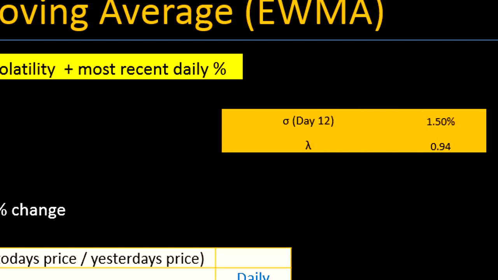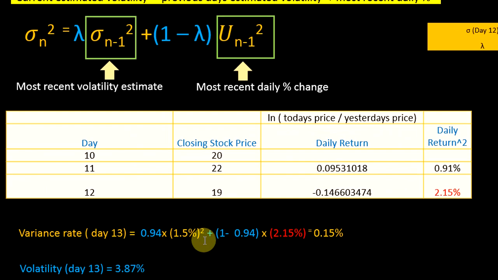So that's what we are using here, and we are squaring that volatility according to this formula, plus 1 minus lambda, in other words 1 minus 0.94, times the square of the most recent daily percentage change. On day 12, the most recent daily percentage change was 2.15%, so we use the square of 2.15% here.